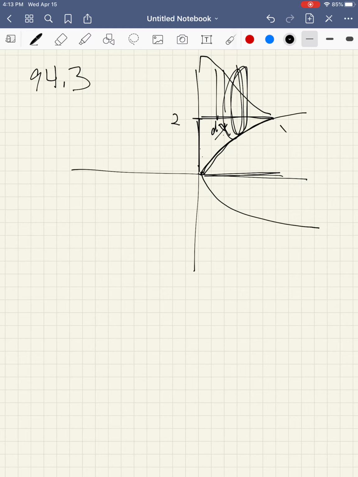So if this is 2, remember this equation is x equals y squared. And if y is 2, then x would be equal to 4 right here. Okay, so that's x equals 4. So then the integral will be set up from x equals 0 to x equals 4.